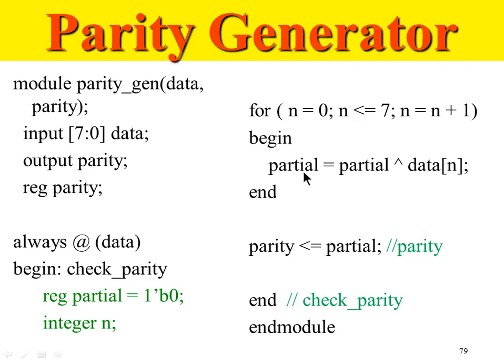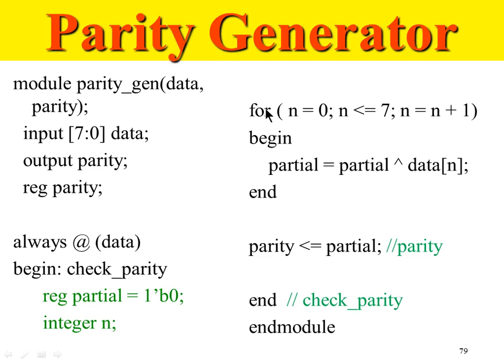Begin the for loop. partial is equal to partial XOR data[n]. The initial value of partial is 0, n is equal to 0, and data is an 8-bit value. So initially bit 0 of data is XORed with partial, and the result gets written back into partial. Then in the next iteration n is equal to 1, that bit gets XORed with partial, and again the partial value will be updated.